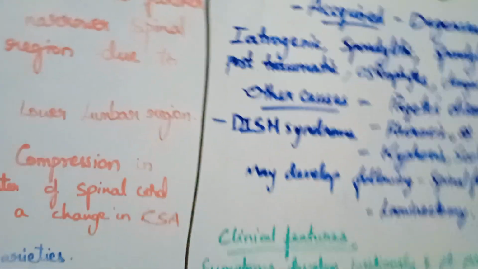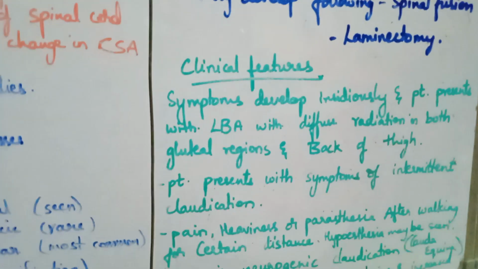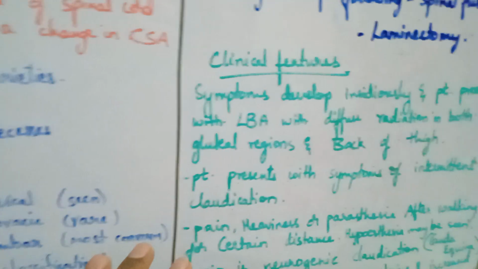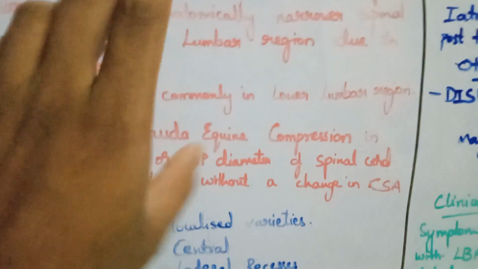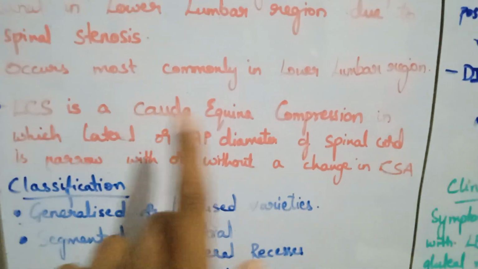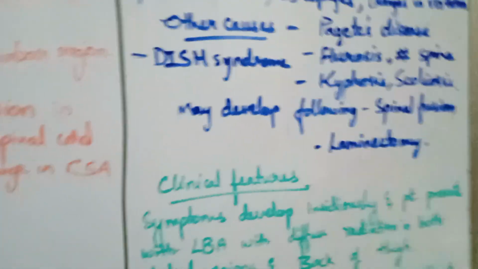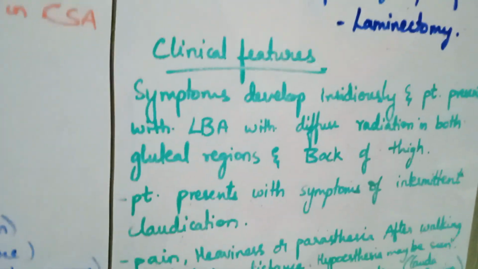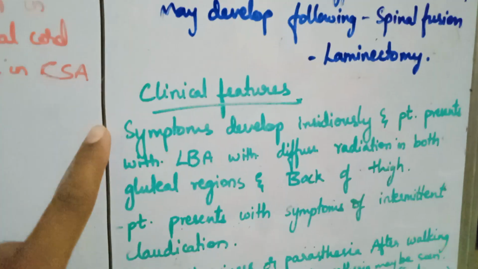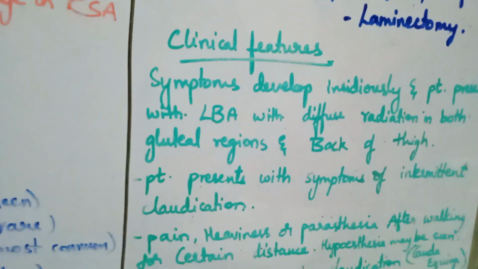Next, coming to the clinical features. As per the definition, we said cauda equina compression, so obviously there will be cauda equina related symptoms. Symptoms develop insidiously, so they are not sudden.